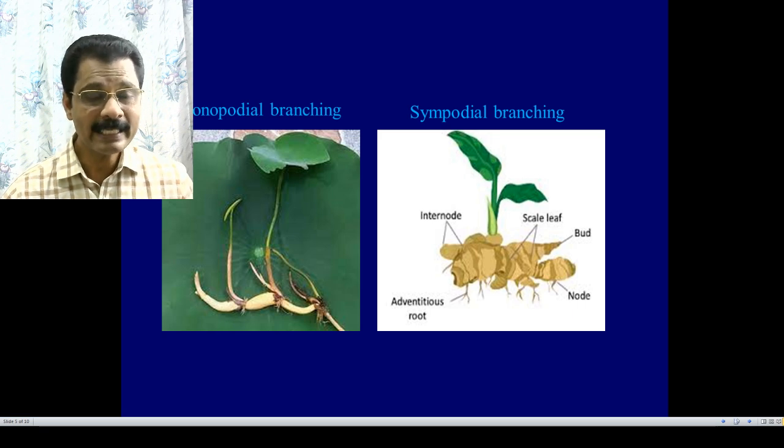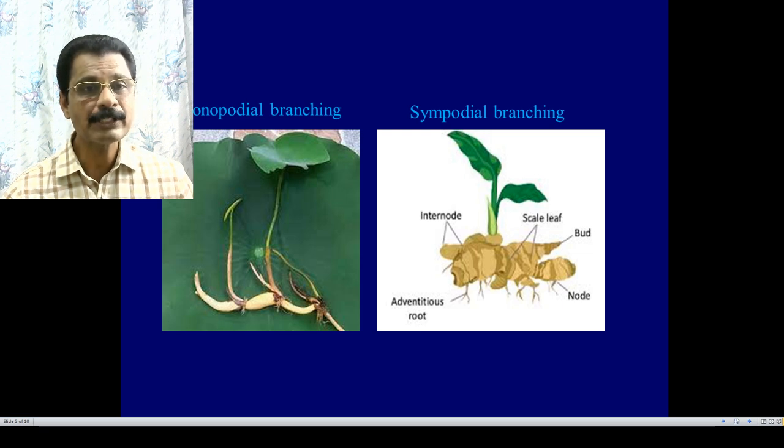If we examine the ginger and turmeric, there you can see the nodes and internodes, and from the node scale leaves, and from the axils of the scale leaves adventitious buds also produce, and below which you can see the adventitious roots. So the rhizome is an underground stem modification.